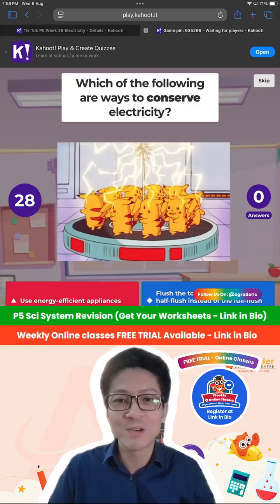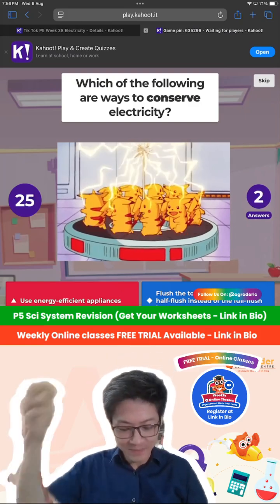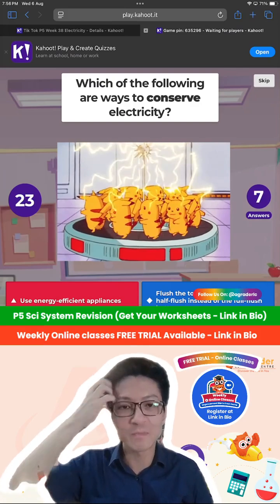What's a good way to conserve electricity?